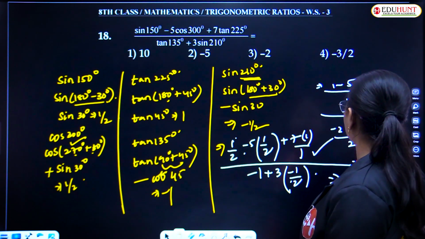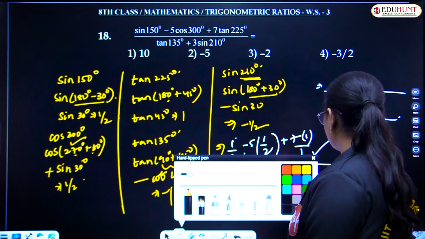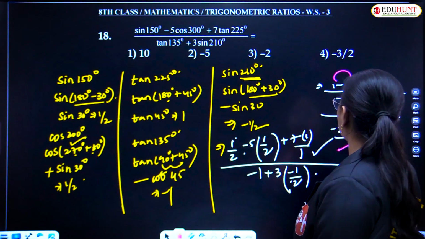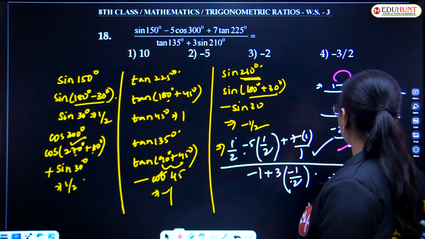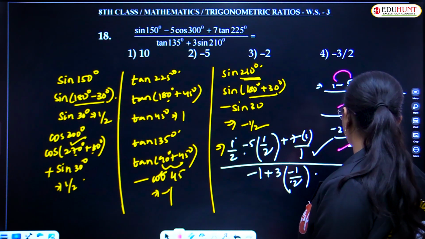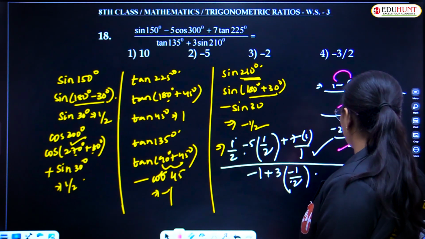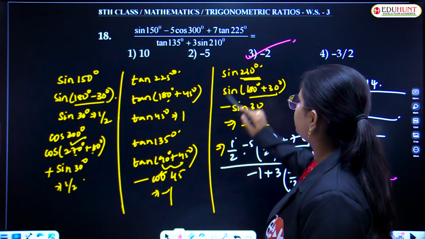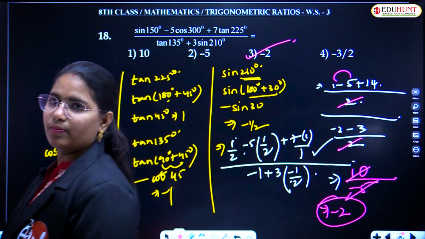Correct? So what will I have? 2 and 2 will get cancelled. Minus 4 plus 14 is 10. Right? 10 by minus 5. Minus 2 minus 3 is minus 5. So the answer is 2. That means option 3.